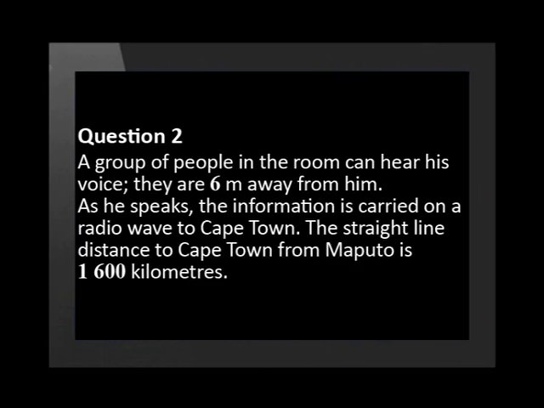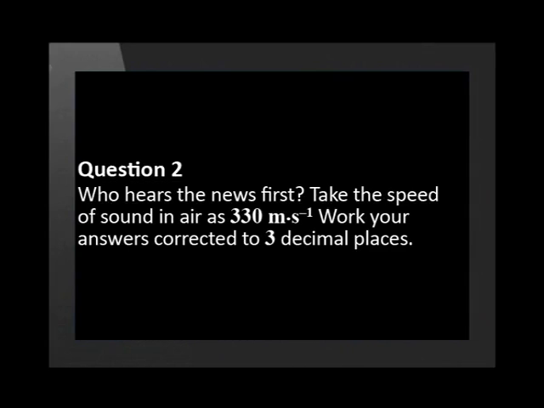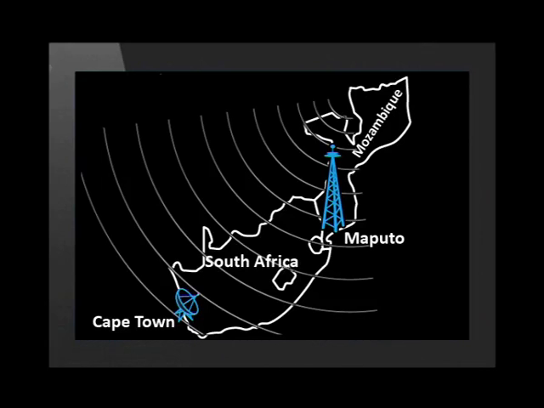The straight line distance to Cape Town from Maputo is 1,600 kilometers. Who hears the news first? The people in the commentary box or the person in Cape Town listening on a radio? Take the speed of sound in air as 330 meters per second. Work your answers corrected to 3 decimal places.